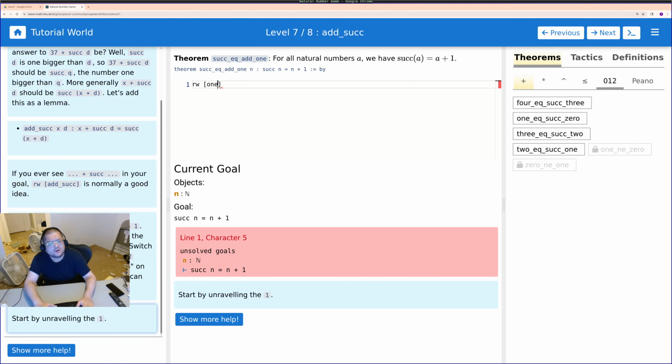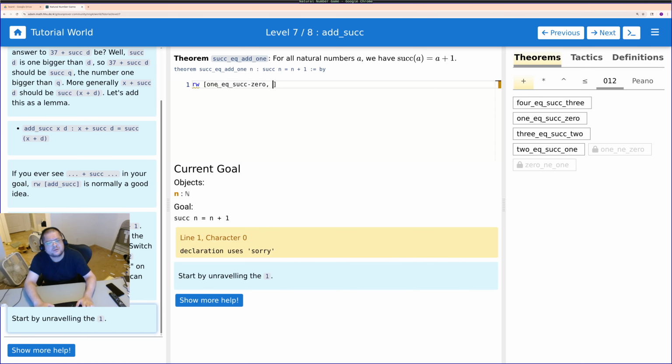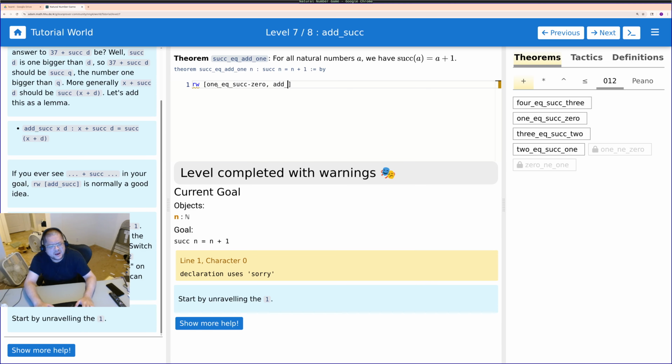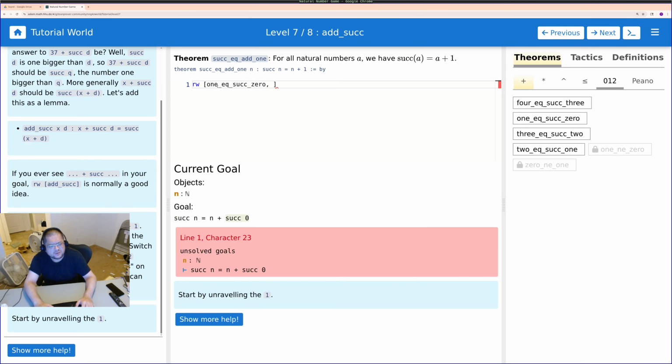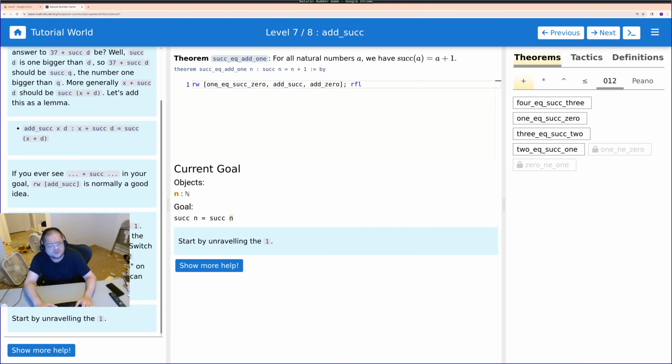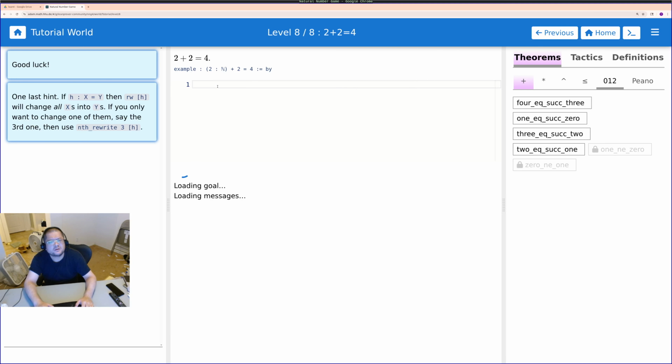Okay, so 1 equals successor 0, and then add what? And then we're going to add successor. So then we're going to add 0, and we're done.